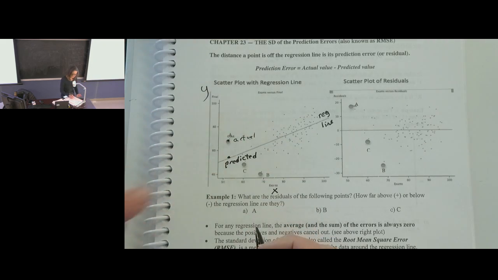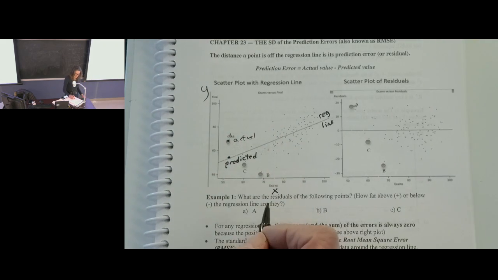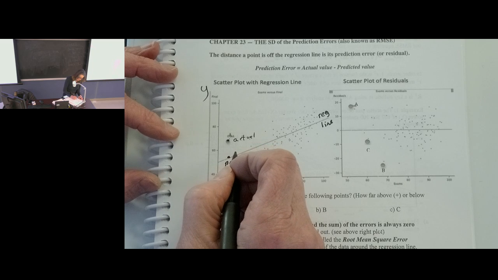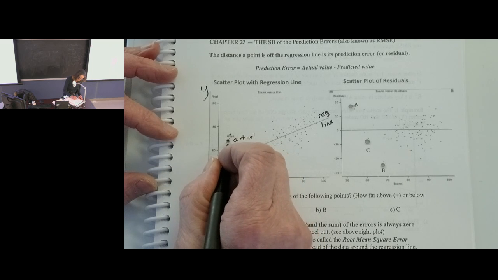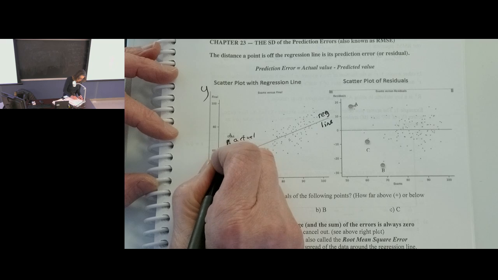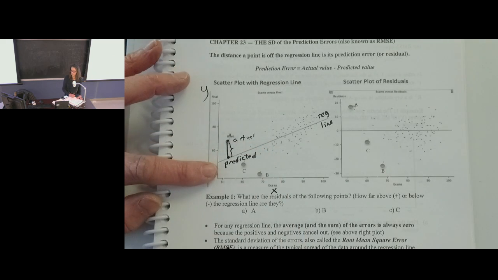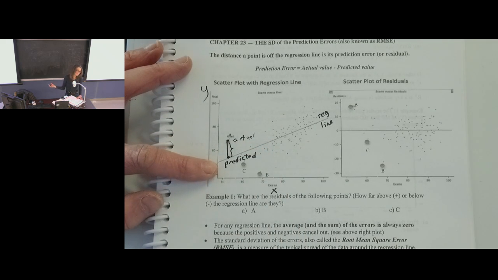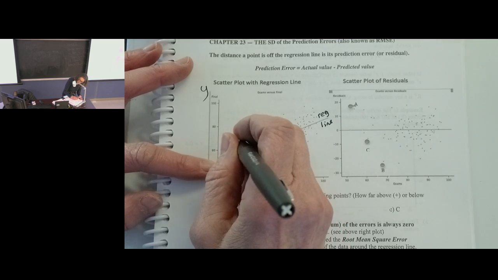For that particular student, this distance right here, the actual minus the prediction, is called the prediction error, or the residual is another word for it.